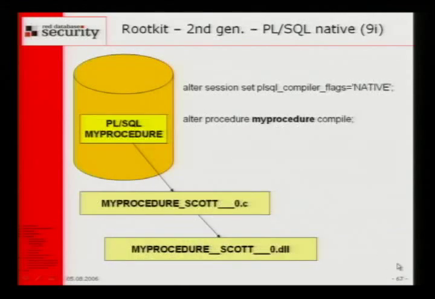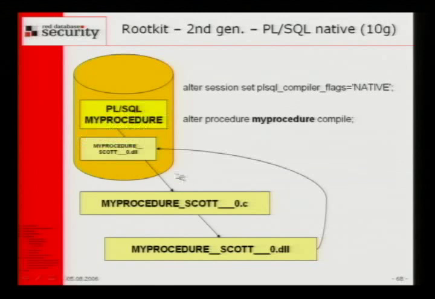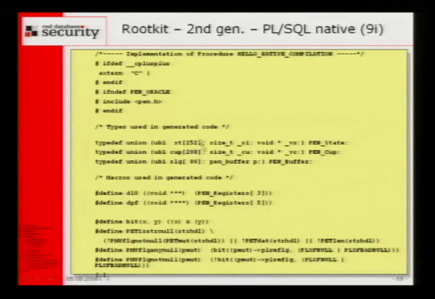To switch to this PL/SQL native mode, you can say alter session set plsql_code_type equal native, and then alter procedure my_procedure compile. In this case, Oracle generates the C file, compiles the C file, and the result is a DLL. In 10g, this DLL is loaded into a CLOB in the database. This is a part of the generated C file.